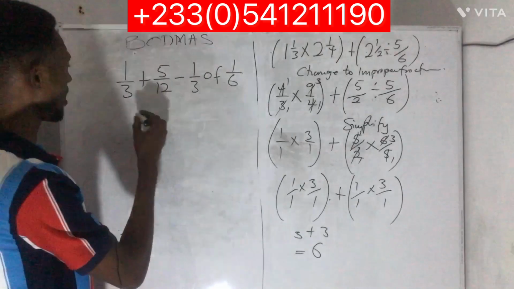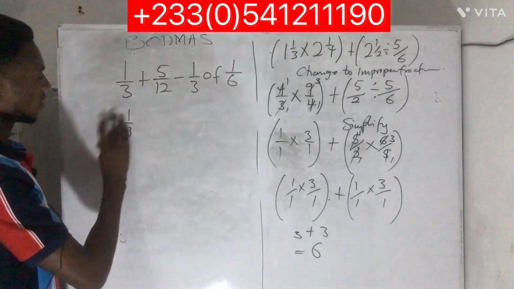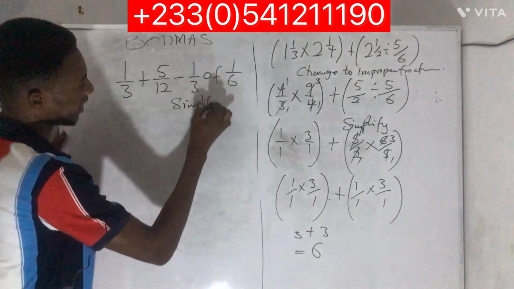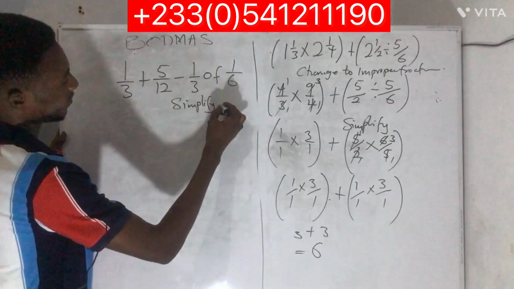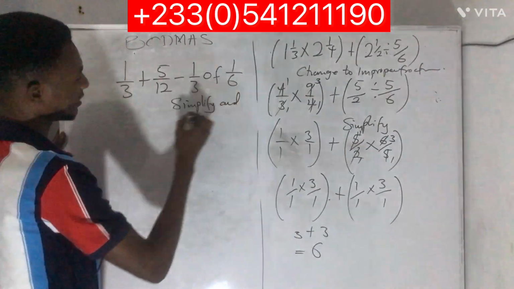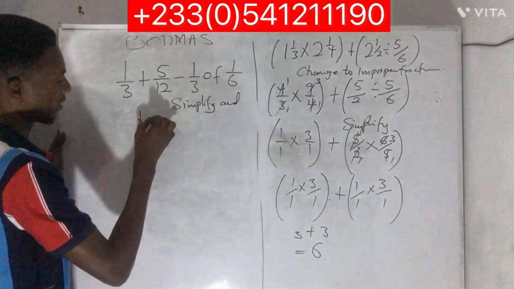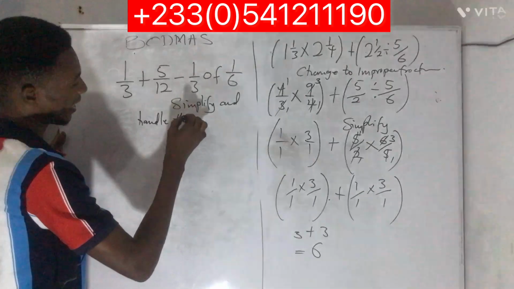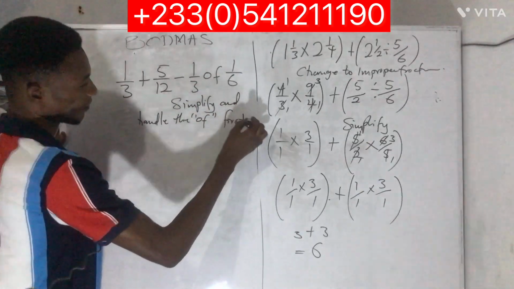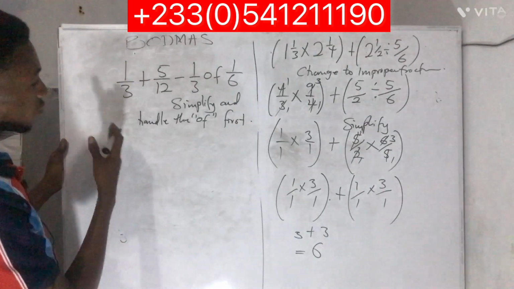All right. So we have 1 over 3. So simplify, and handle the of first, because of the rules of Bodmas.